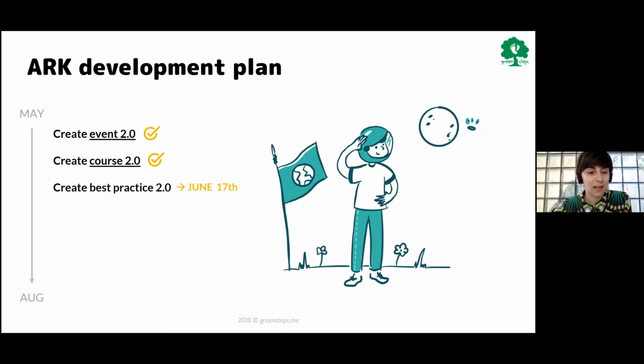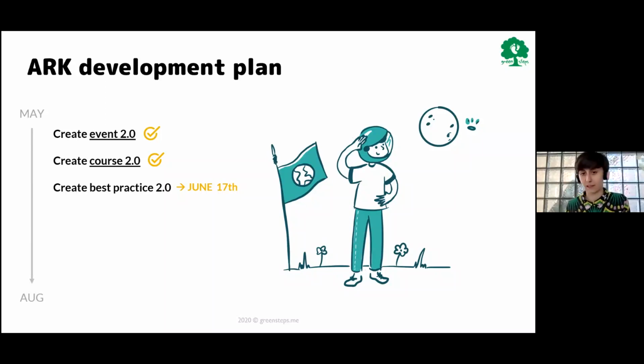And then we have planned the notification system. So basically, just alerts that let users on the platform know that something has happened. Maybe a new event has been published, or something has happened in your community.